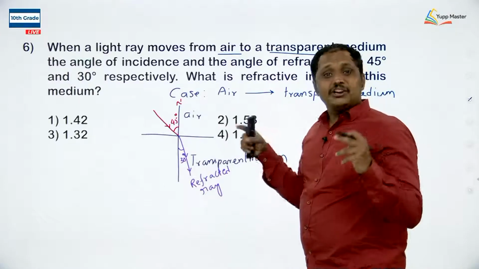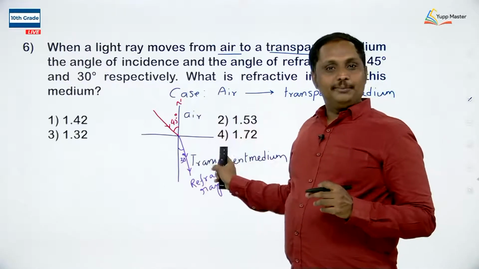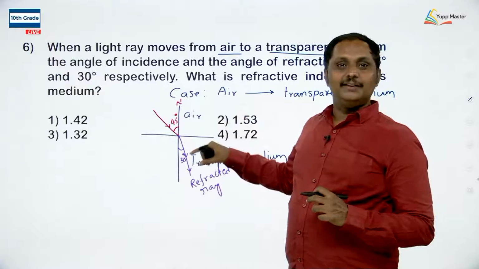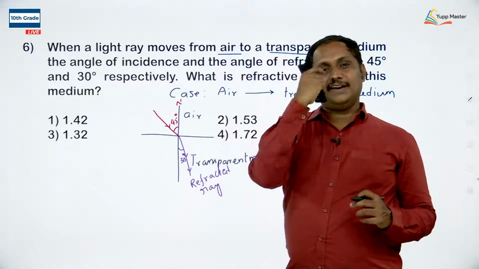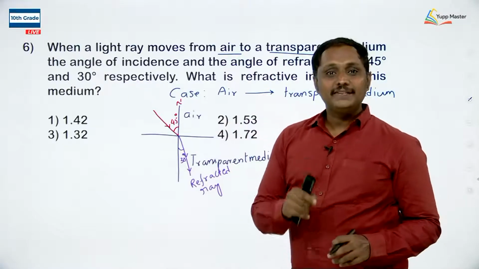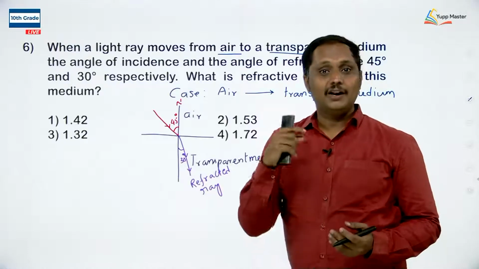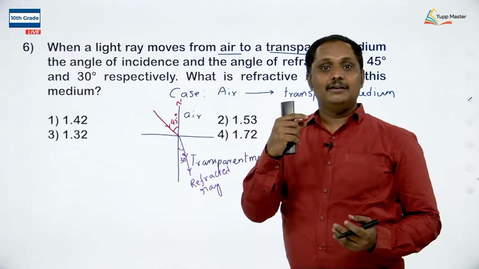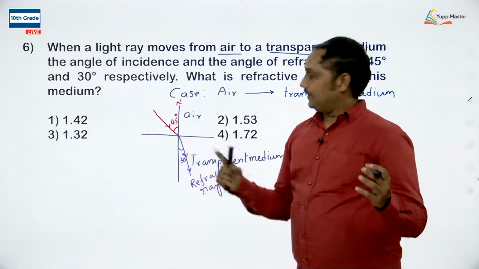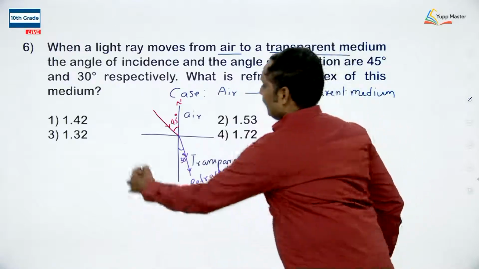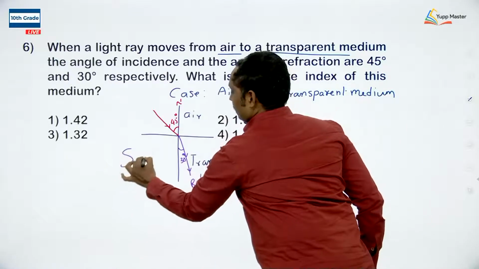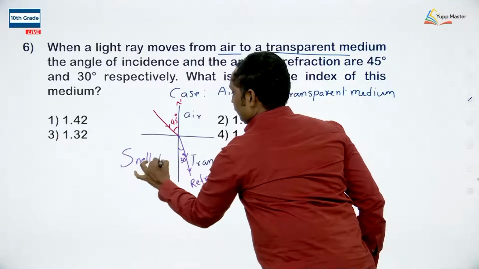The light ray which enters from the first medium to the second medium, you are supposed to calculate the refractive index of the second medium. So, what is the formula? What is the law which is used for this problem? Snell's law, you know Snell's law.